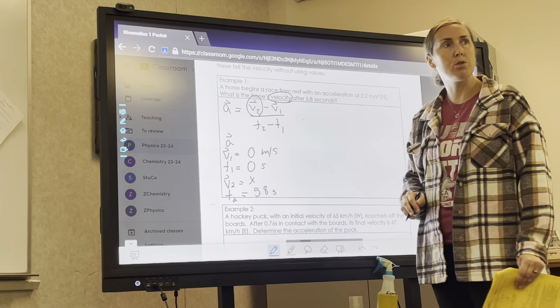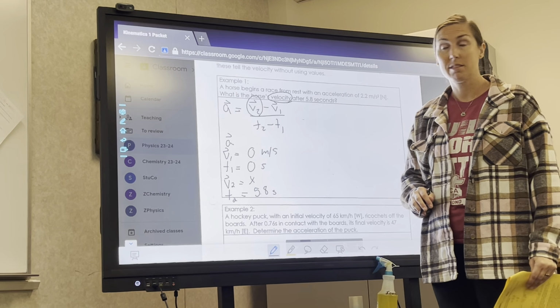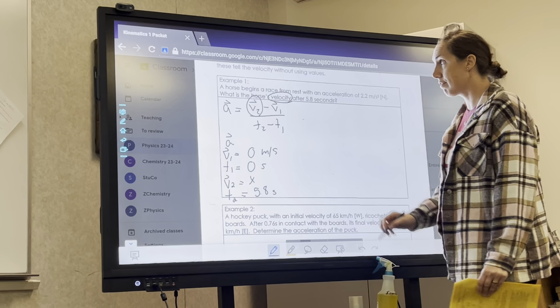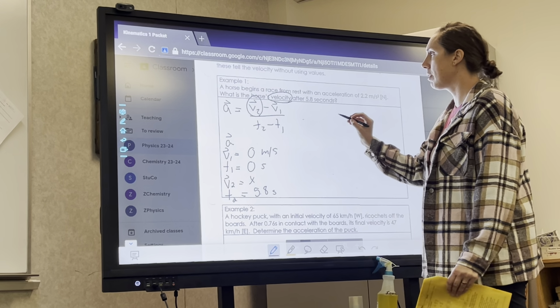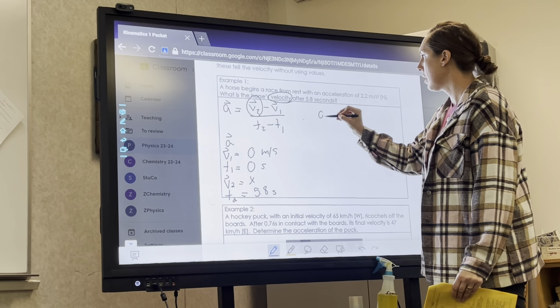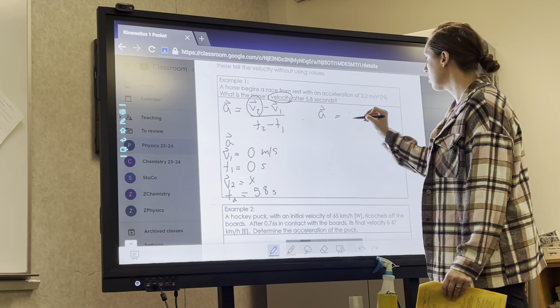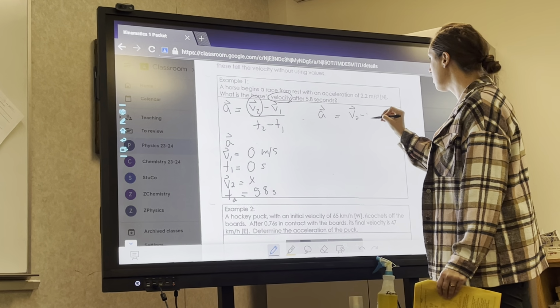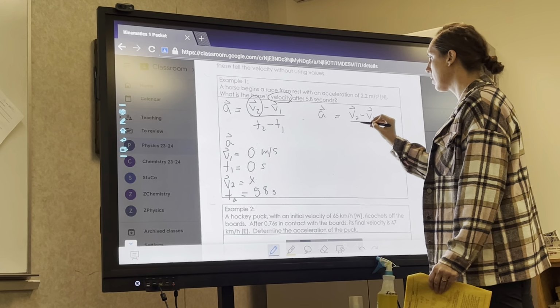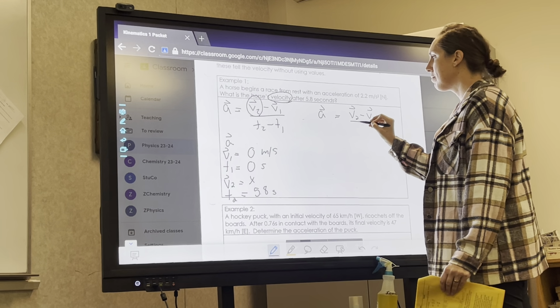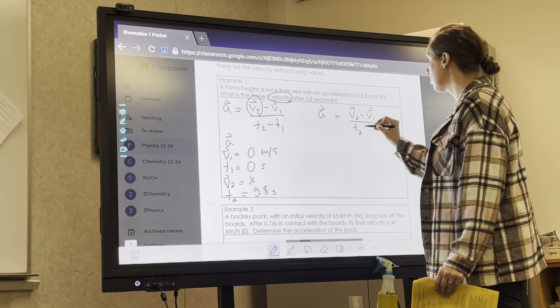A hat equals V hat 2 minus V hat 1 all over T2 minus T1.